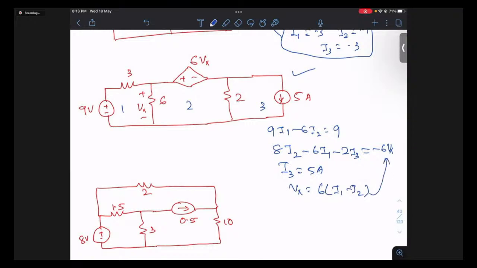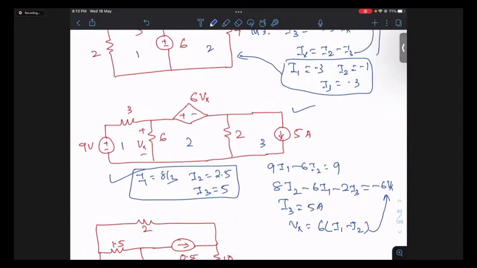So you can substitute this here. Then you can easily solve these equations. So if you do it, the value of I1 is 8 by 3, the value of I2 is 2.5, and the value of I3 is 5 amperes. That's the solution.